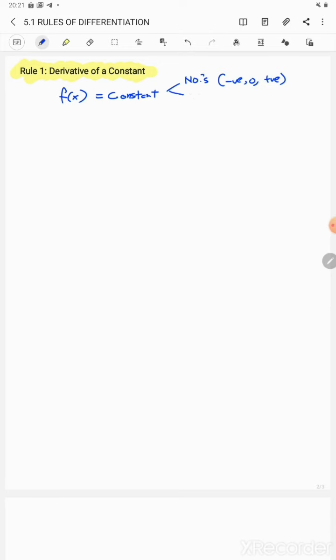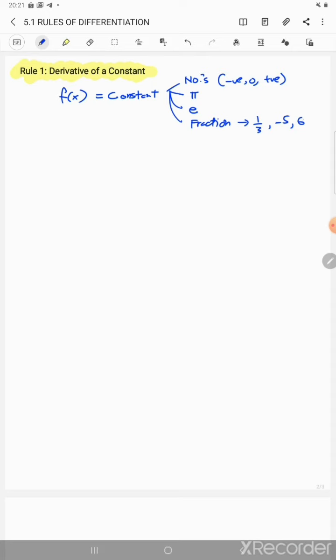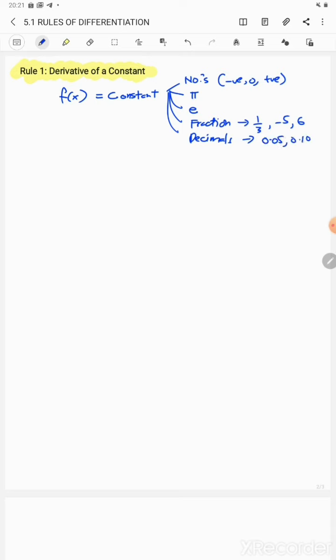Then constants are also considered as pi, e, or fractions, for example 1 over 3 or negative 5, 6. This is considered a whole number 6. And the other one, we have decimals, like 0.05, 0.10. When you differentiate all of these, you get 0.